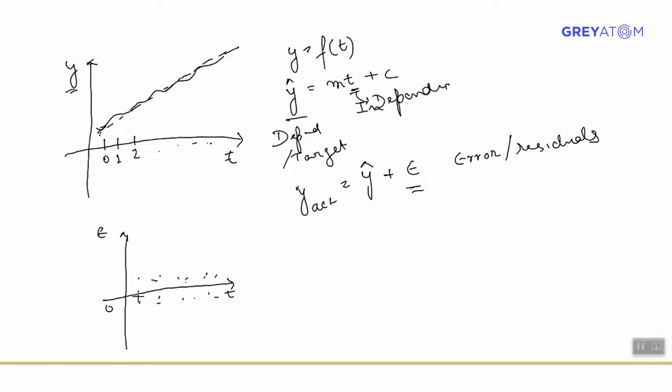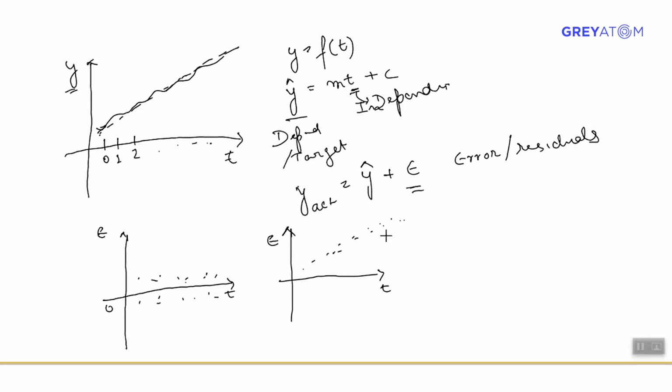That basically means your errors should be randomly distributed, they should be random, they should not depend on anything. If your error looks like this, then that is violating a major underlying assumption of linear regression, which is that your error is related to your time, right?